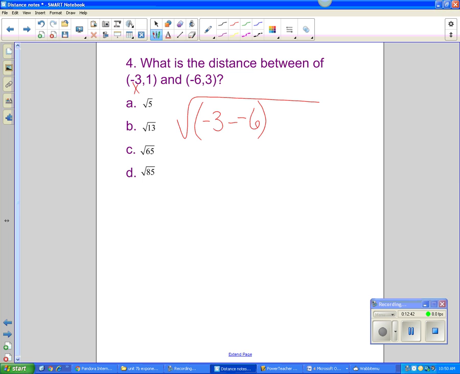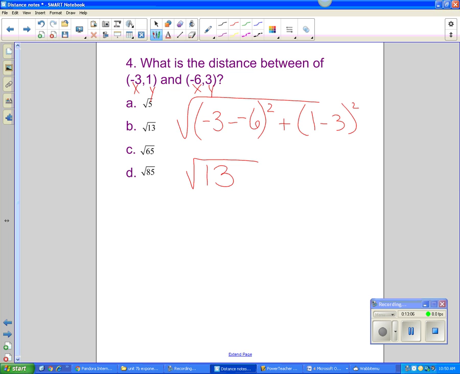These are my two x's, negative 3 and negative 6 squared plus 1 minus 3 squared. These are my y's. And when you do that in the calculator, you should get square root of 13.